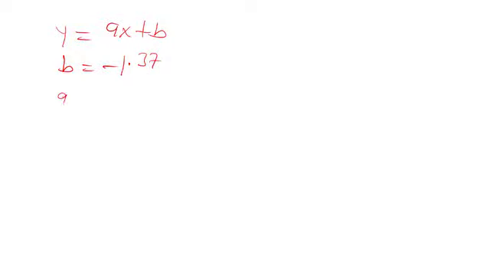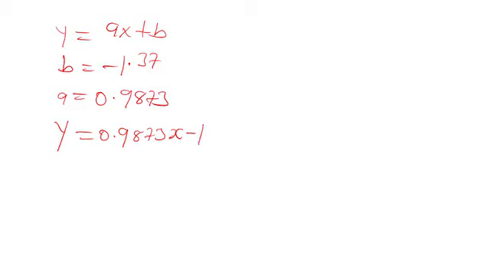The value of our a was equal to 0.9873. So the equation of the line is now 0.9873x minus 1.37. This is our line of regression. You can see that it's very straight.